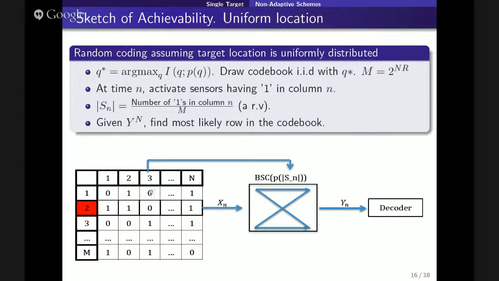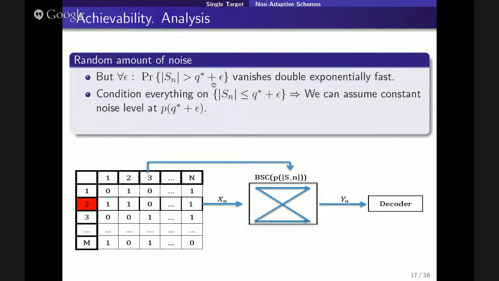The number of ones in a column under random coding is a random number. But because we have an exponential number of rows here, if we draw the bits with Q star, the probability that we get a number of ones which is more than Q star plus epsilon vanishes double exponentially fast, with n times epsilon.